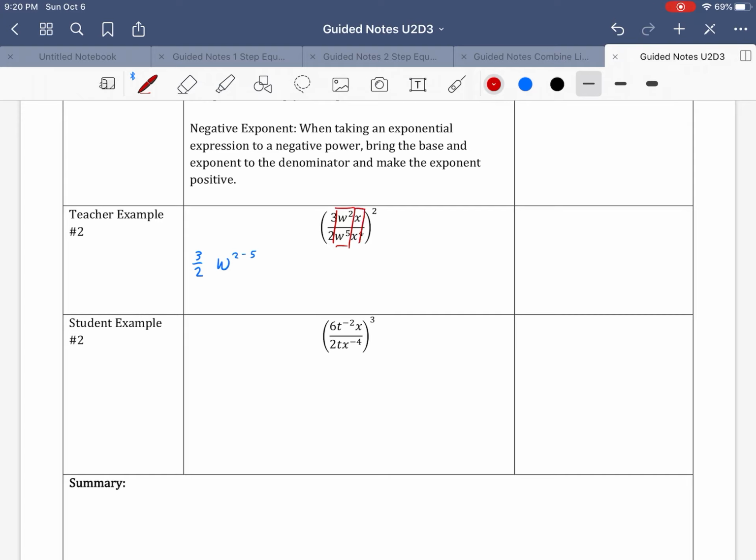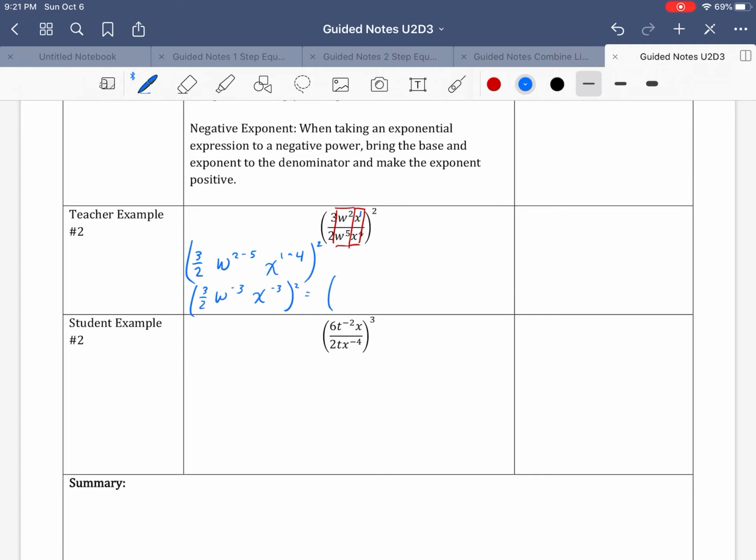Right next to it, I have x and x to the 4th, so I can use that same quotient rule. I know this x has a power of 1 minus 4, and then all of this is still taken to my second power. So here I have 3 squared, w to the negative 3rd, x to the negative 3rd squared.